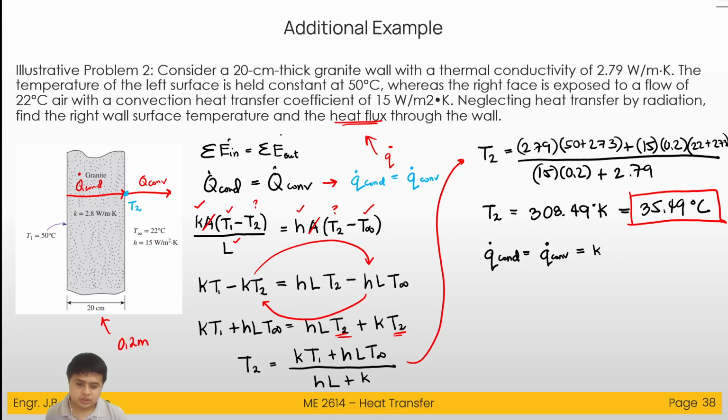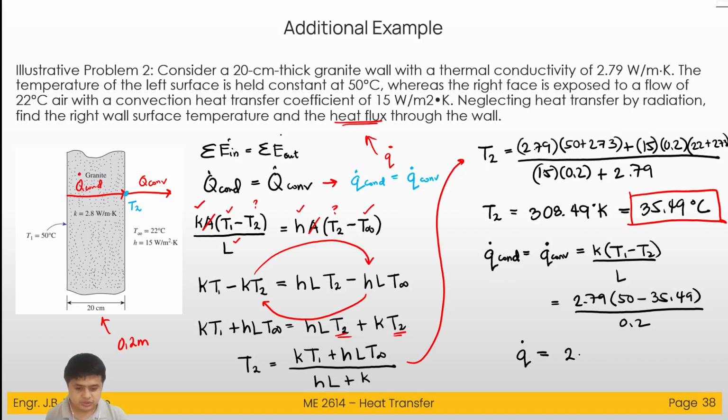But I will just use the conduction. So k times T1 minus T2 all over L. So you have 2.79 and then that is 50 minus 35.49. So in this case, you don't need to change the temperatures into absolute temperature since this is a temperature difference. And then over L, so L here is 0.2.